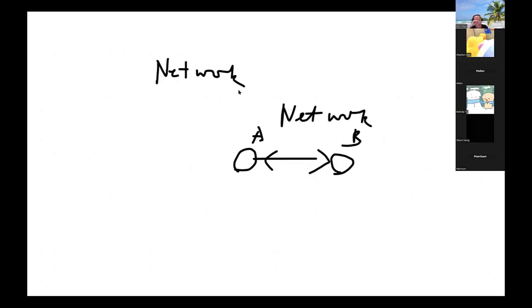Is that clear? Just one computer connected to the other is already a network. Sarah, is that okay? Yeah. Stephen, is that okay? Yeah. Now, this is the definition for network.